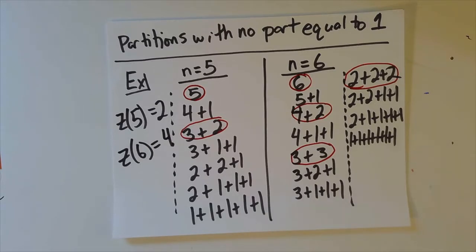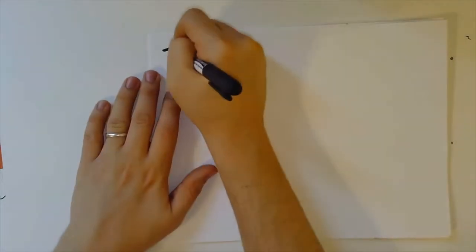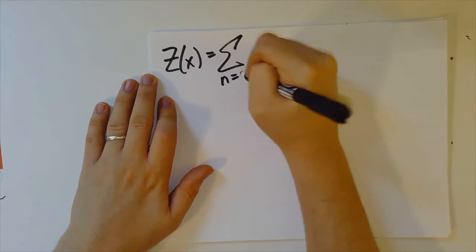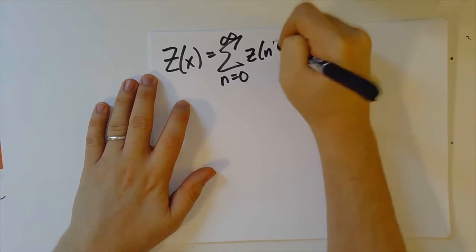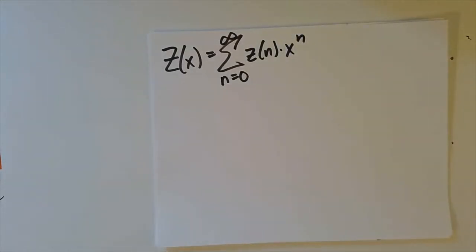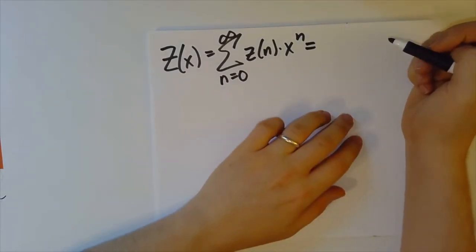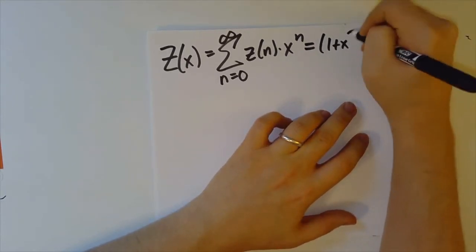And we want to see what we can figure out by thinking about the generating function of z. Okay, so I'm going to call that generating function capital Z. So capital Z of x, that's going to be my sum as n goes from 0 to infinity of little z of n times x to the n. And we can figure out how this is going to work. So I can use any parts that aren't 1. So I can use 2's.